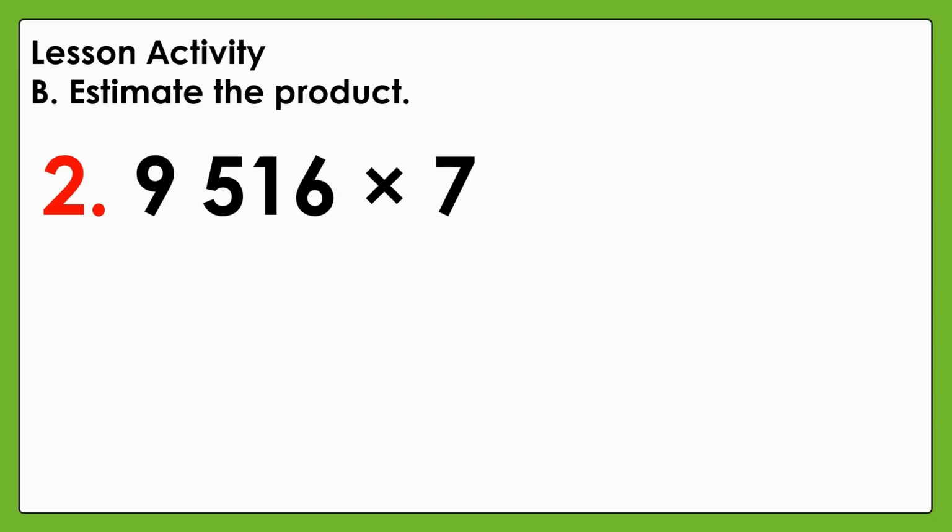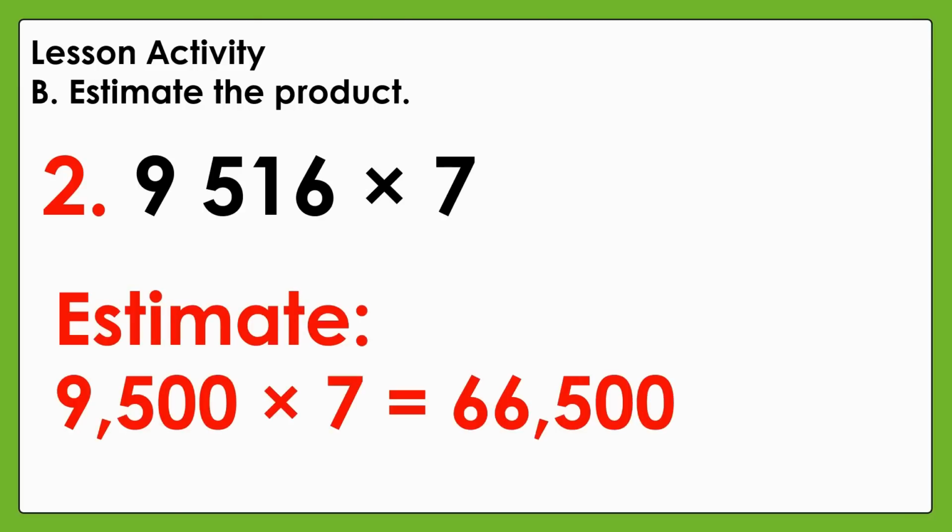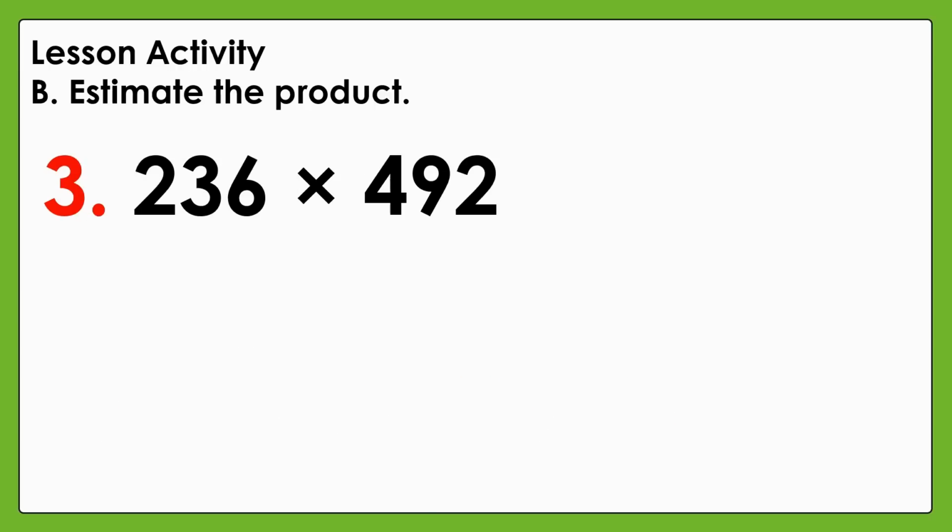Number 2, 9,516 times 7. Estimate 9,500 times 7 is equal to 66,500. Number 3, 236 times 492.